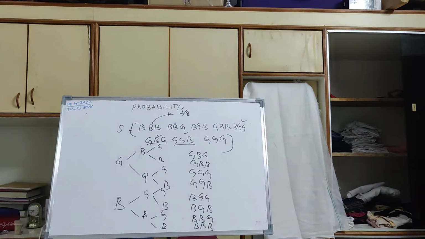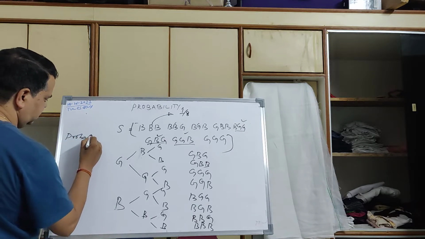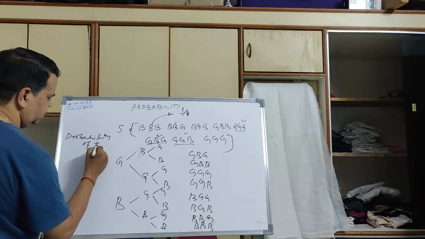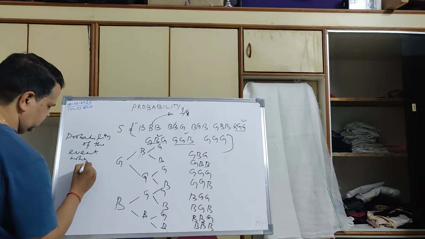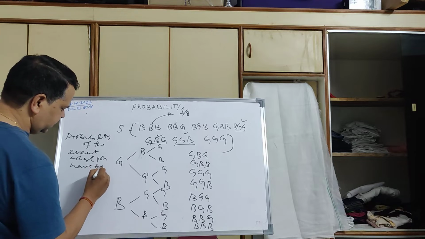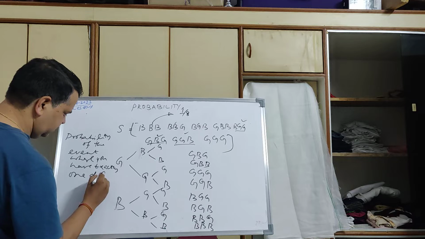So the question is the probability of the event where you have exactly one defective.